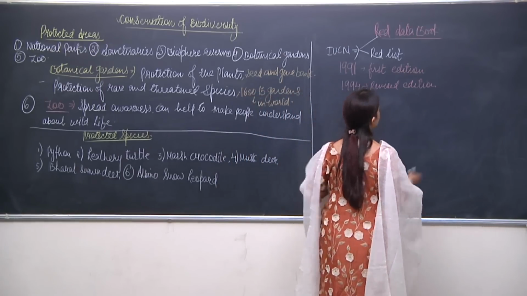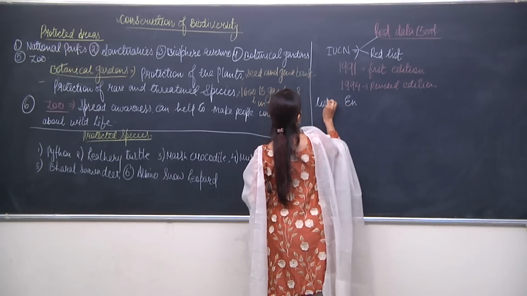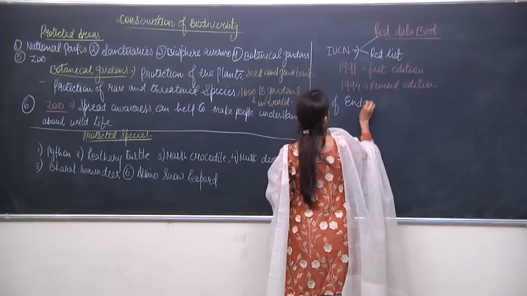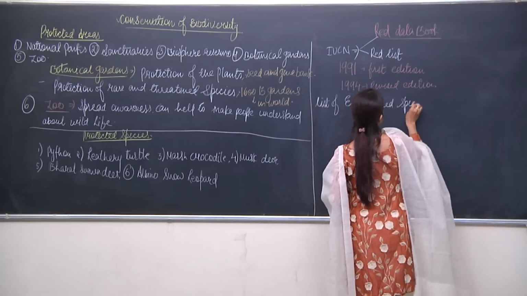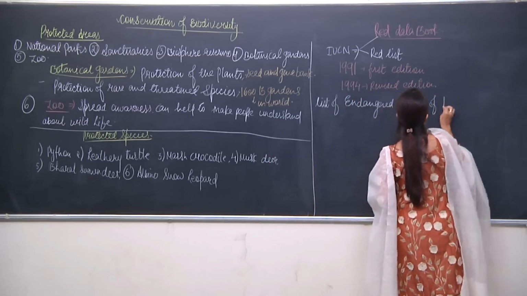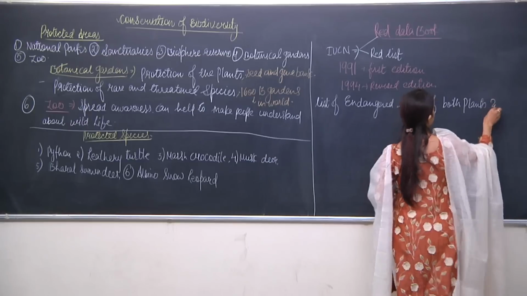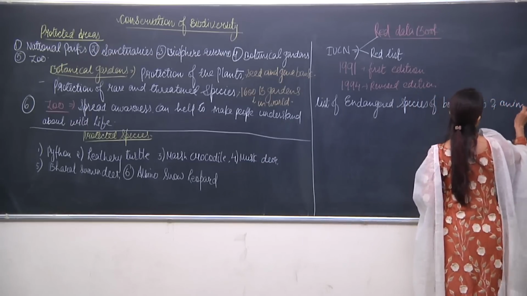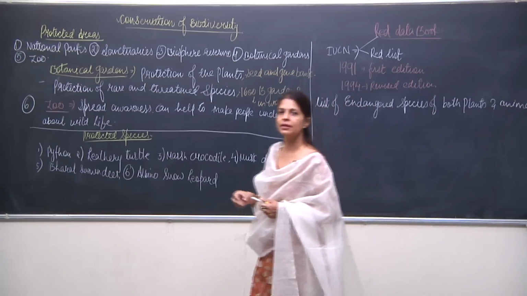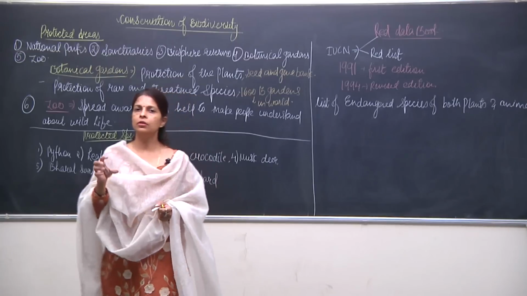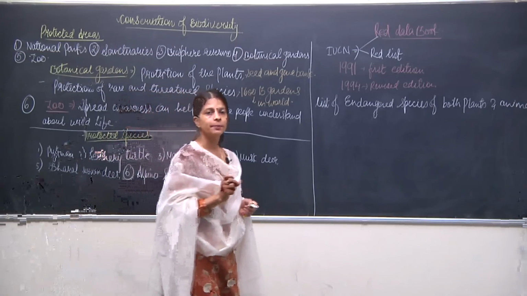It includes what, children? It includes the list of endangered species of both plants and animals. And it is not so easy to develop a list, and that is not only limited to a particular village or town or a city or a country.